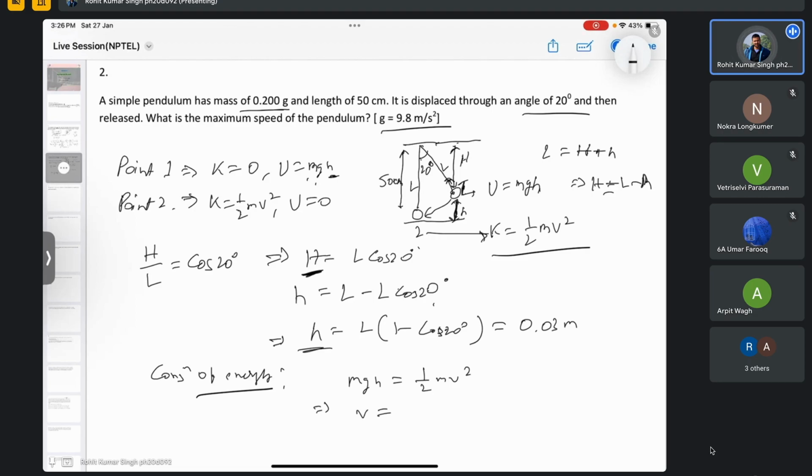So v is equal to, you will see that m gets cancelled, and v is simply under root 2gh, and if you put everything in you will get 0.767 meter per second.